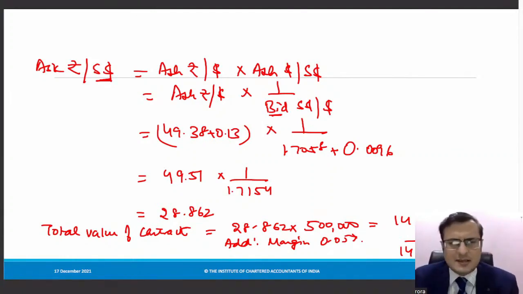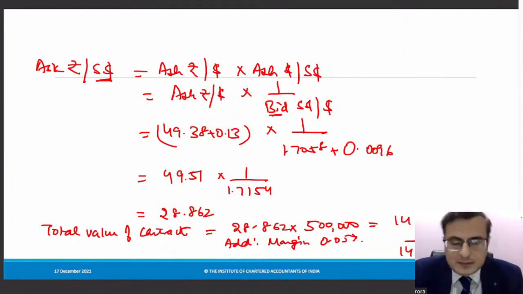What we have understood is we have simply applied the concept of adding the premiums. We made the direct quotes first so that we can add those premiums.